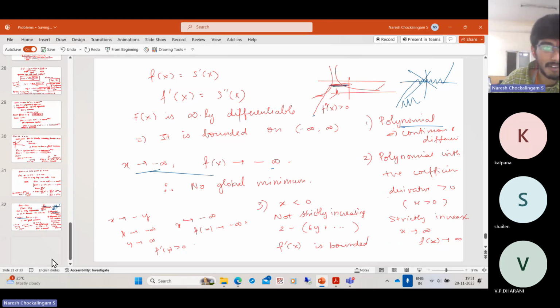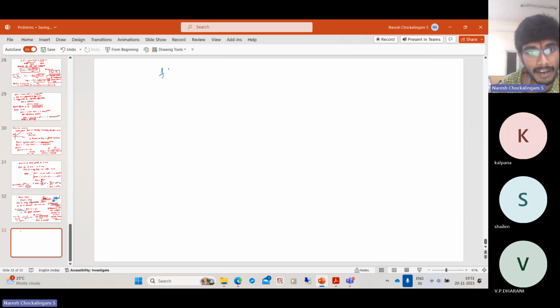So f dash x is bounded means, suppose I take say f of x equal to x square.